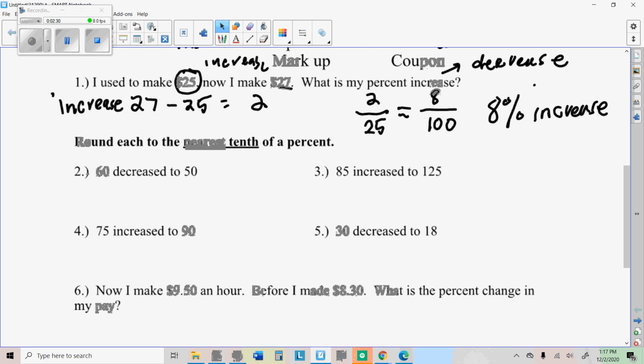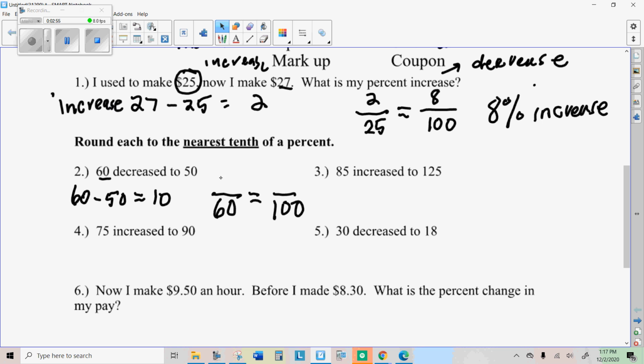Now decrease works exactly the same. I'll do this one with you. So you started with 60. So right away you're thinking, oh, that's my whole. That's the original amount. So 60 goes there. Okay. Now the number, the part, will be how much you went down. So to figure out how much you went down, you're going to subtract your old and your new amounts. And that's 10.